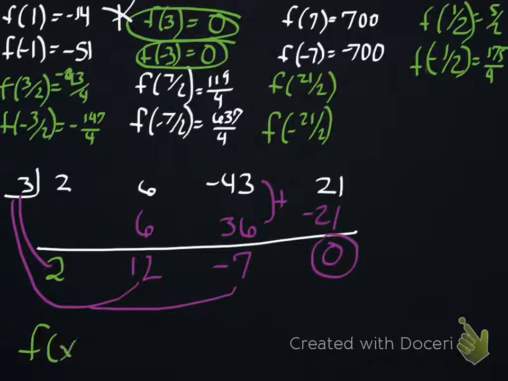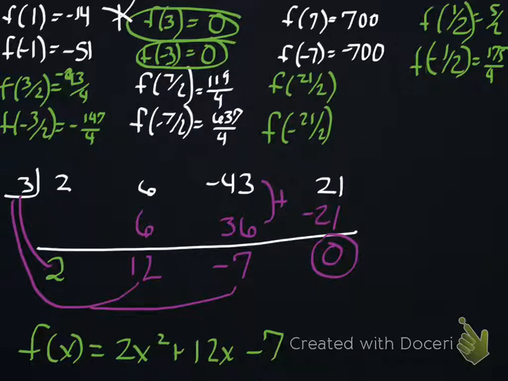The other one, we have to factor or use the quadratic formula for 2x squared plus 12x minus 7. And if you went further and saw that the negative 3 worked as well, you can do synthetic division again.